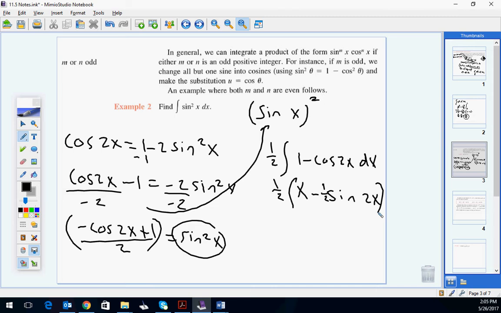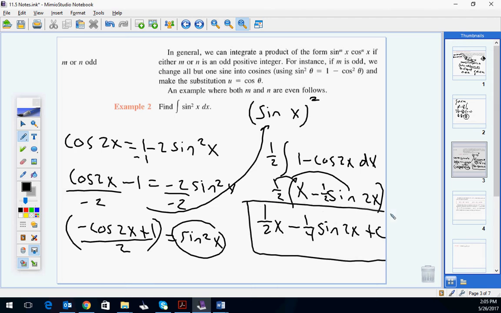Okay, and so all I'm going to do here to finish this off is distribute the 1/2 into here. 1/2 x minus 1/4 sine 2x plus c is your answer, because we don't have limits of integration. So that would be your integral.